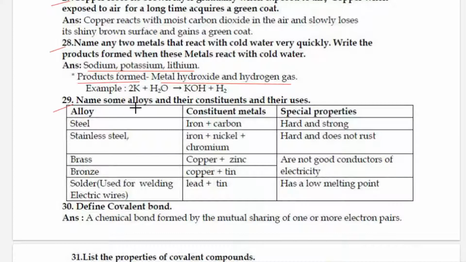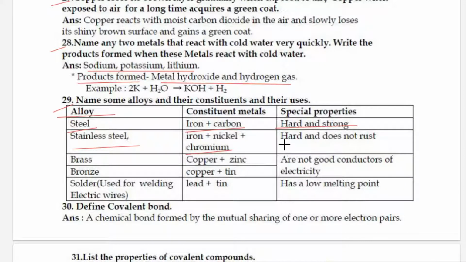Next question, name some alloys and their constituents and their uses. Steel is an alloy. Constituent metals of steel are iron and carbon. Special properties: hard and strong. Stainless steel is also an alloy. Constituent metals: iron, nickel and chromium.